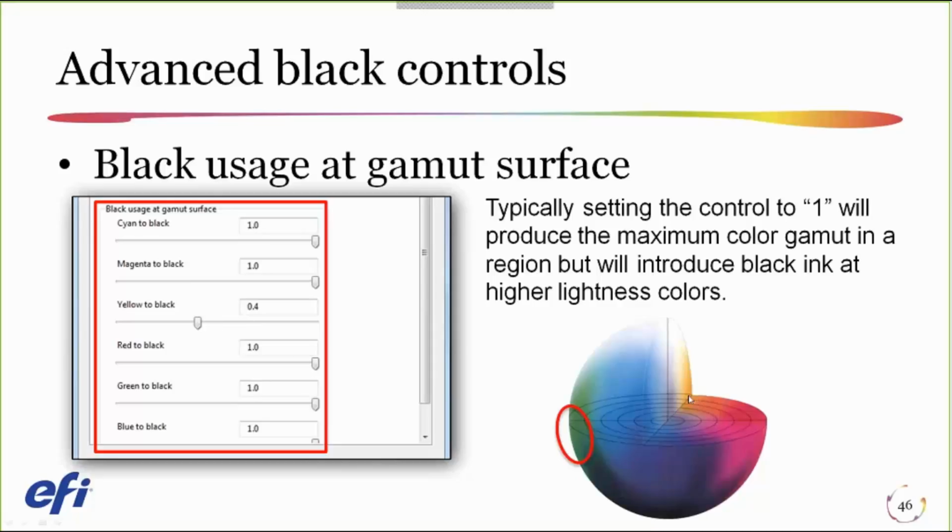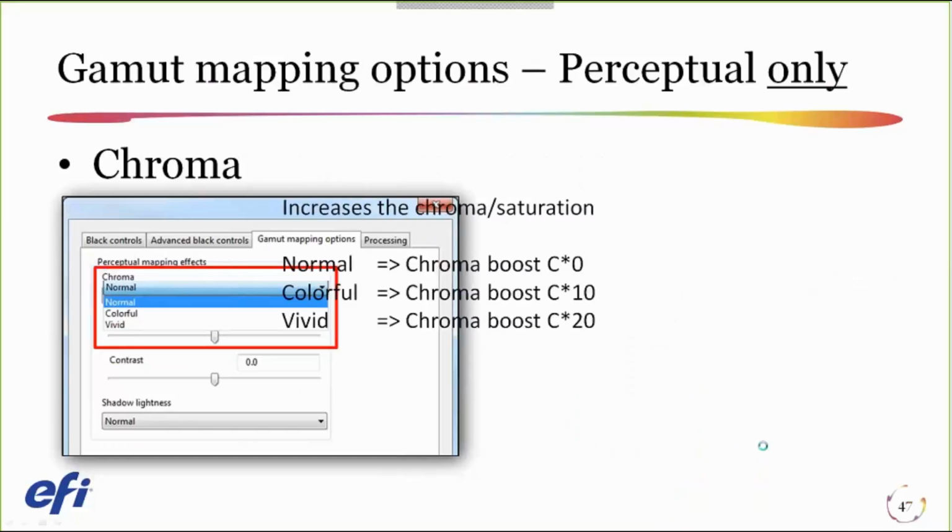Again, small black dots of ink in saturated yellow are easier to see than in other areas, easier to detect. So we bring it down a little bit. That will increase your ink usage a little bit in those areas, but saturated yellows will look nicer. That's what all this is. It's a balancing act between how does it look and how much ink am I using. That's all this is. Chroma.